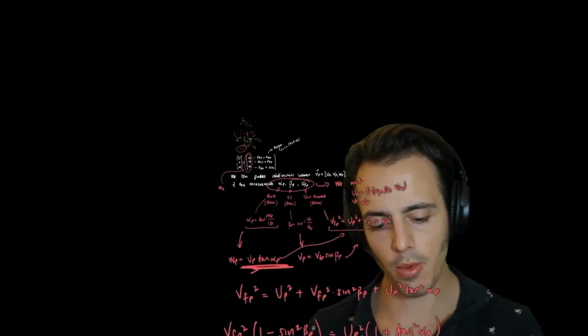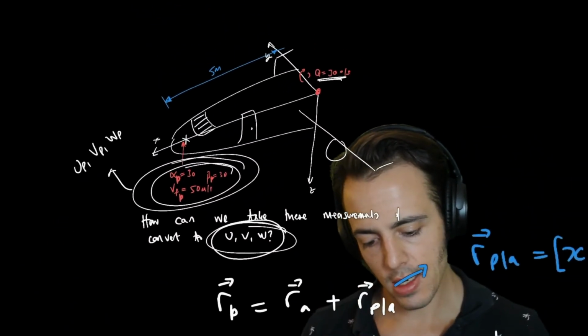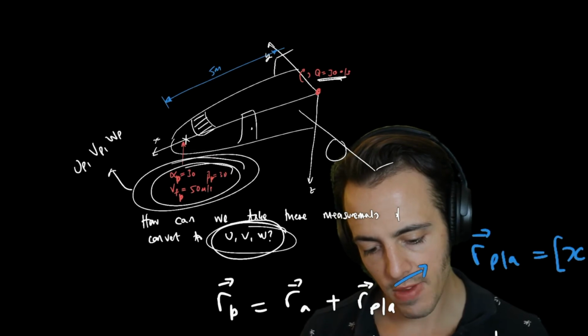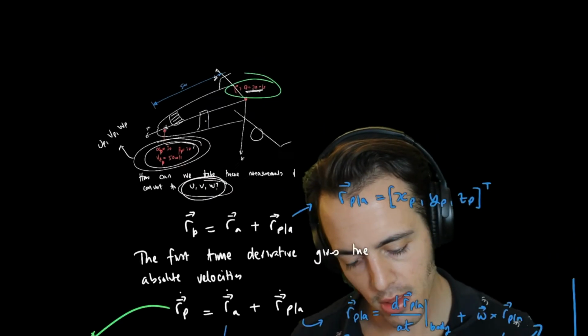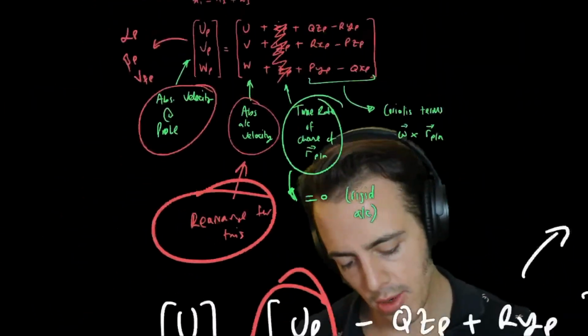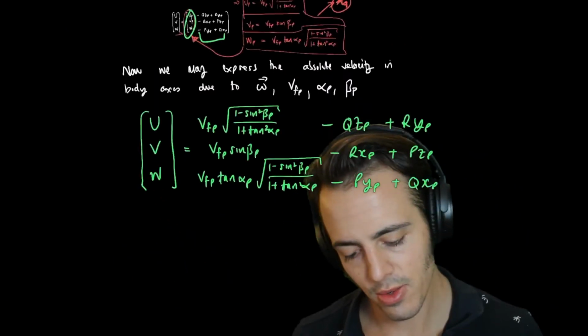So let's remember what we were actually saying at the beginning. If we had alpha and beta were 30, VFP was 50 and Q was 30, how can we answer this question? So let's go down here and rewrite those all the way down here.